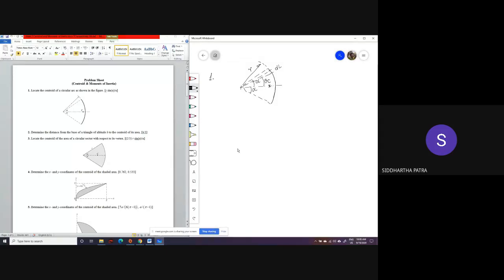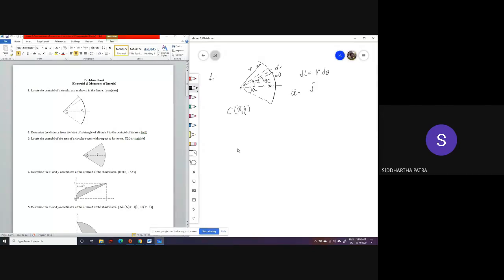If this angle is a differential increment in theta, then this differential length dl is r times d theta. And let's say I'm interested in finding x bar by definition, which is the x coordinate of the centroid.